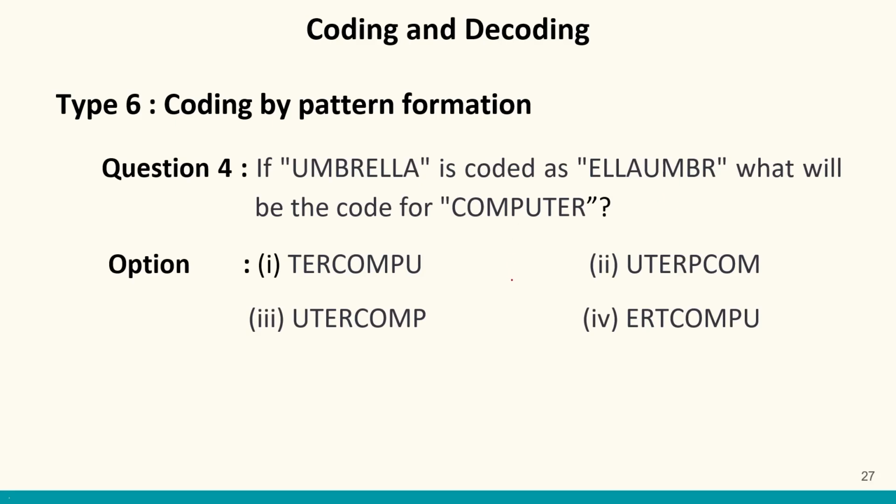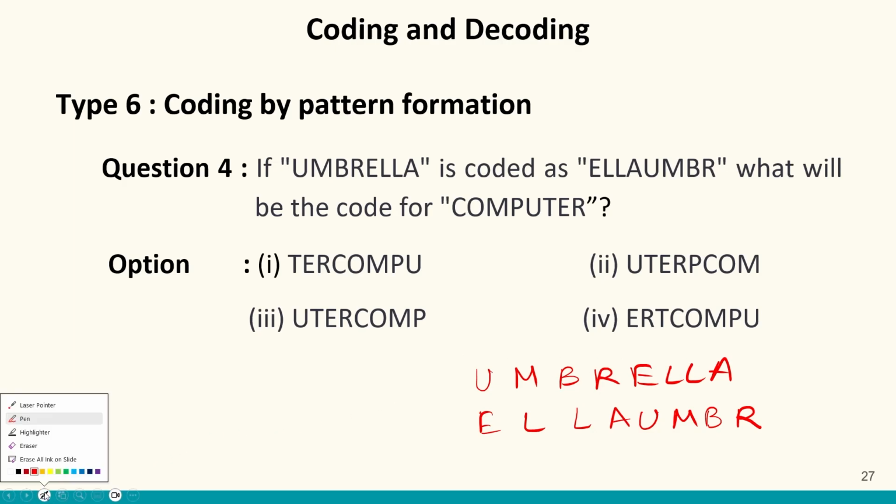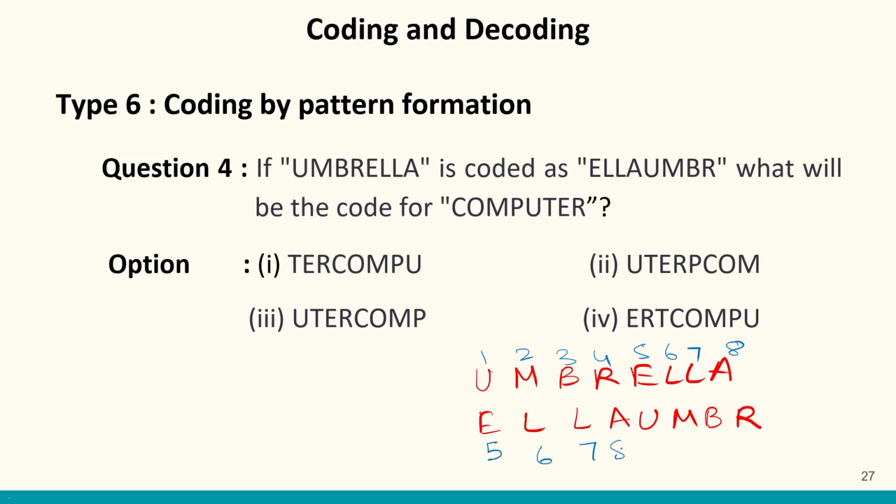Then umbrella, if I look at this, umbrella is coded as this, right? So I can give them numbers. Let's see. 1, 2, 3, 4, 5, 6, 7, and 8. Over here, E is 5 position, L is 6, 7, 8.